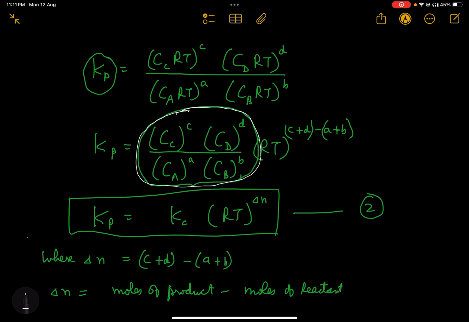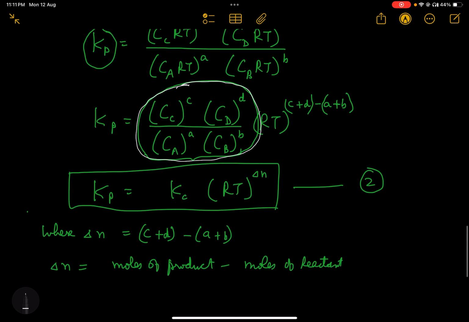Delta n is the difference of moles of product and the reactant. So equation 2 is the relationship between Kp and Kc. That's all.